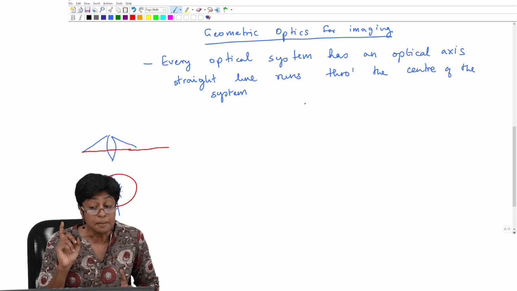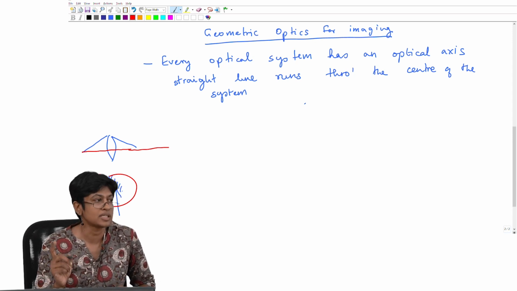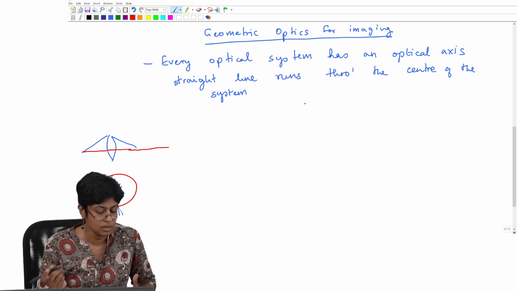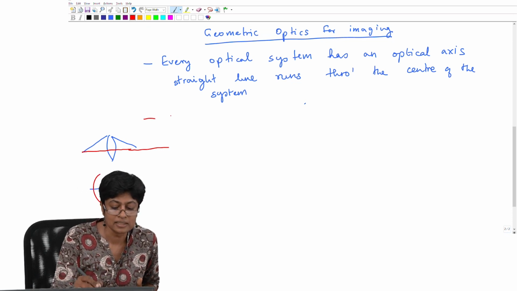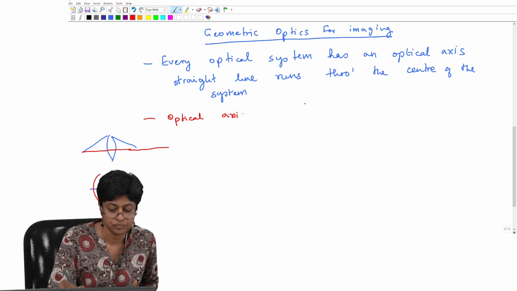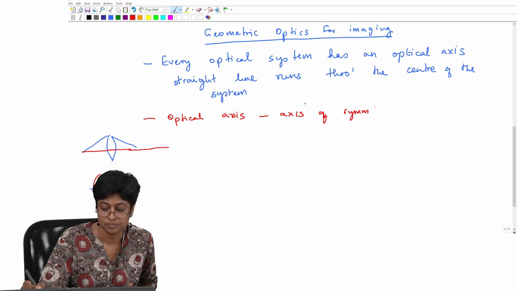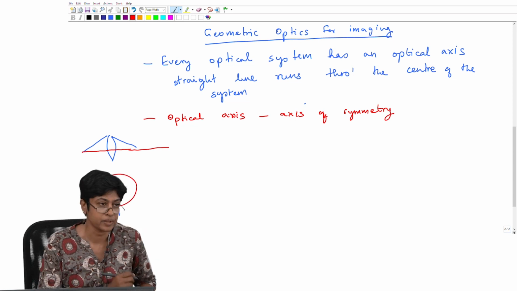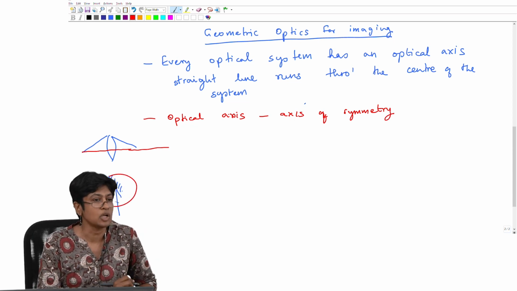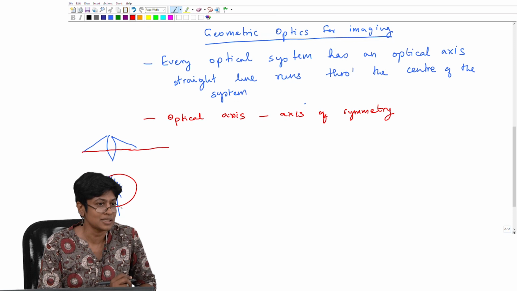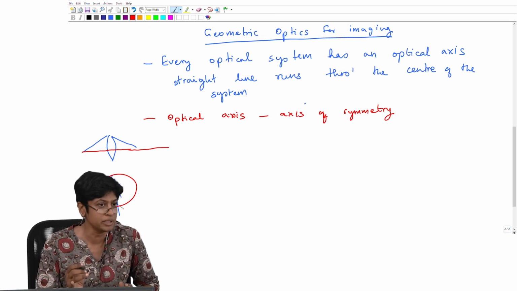Okay. In many optical systems, the optical axis is also the axis of symmetry. Okay. This is because a lot of our optical elements are circular in nature. So this does not have to be true.